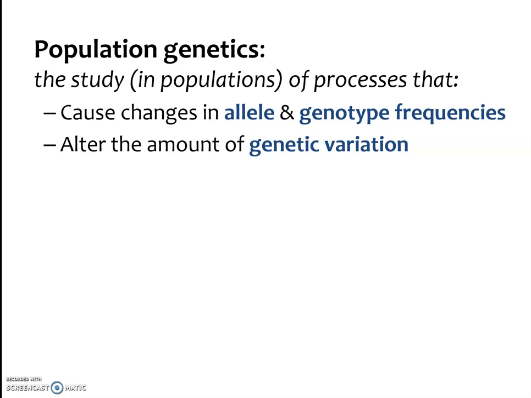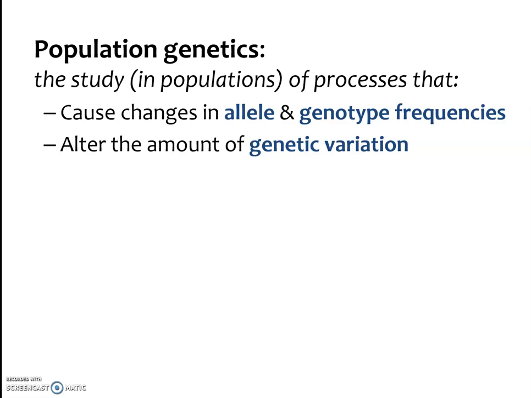Okay. So again, population genetics, we're thinking about the same processes that we talked about with regular genetics, individual genetics, but now, instead of the alleles that one individual or two individuals have, we're thinking about the allele frequencies and the genotype frequencies in a population.